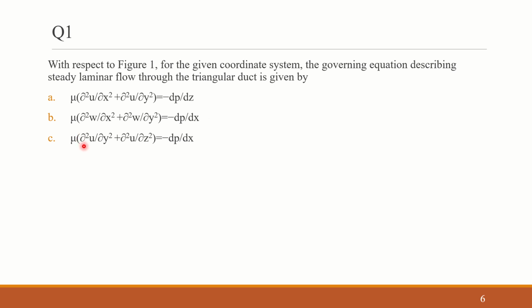Option C, mu into dou square u by dou y square plus dou square u by dou z square is equal to minus dou p by dou x. And option D, it is mu into dou square v by dou y square plus dou square w by dou z square is equal to minus dou p by dou x. So now actually from this itself you can say the answer.